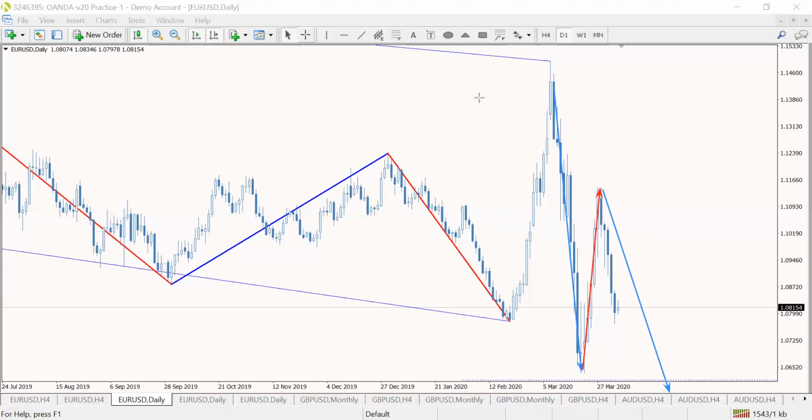Okay. Another scenario is that, as we got this move, maybe it's going to terminate around here.